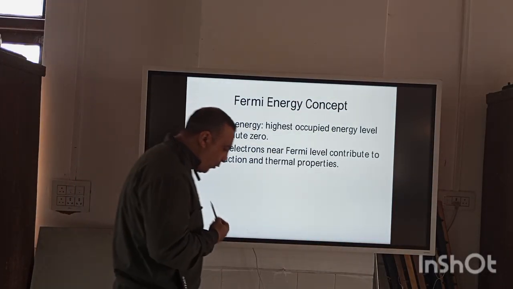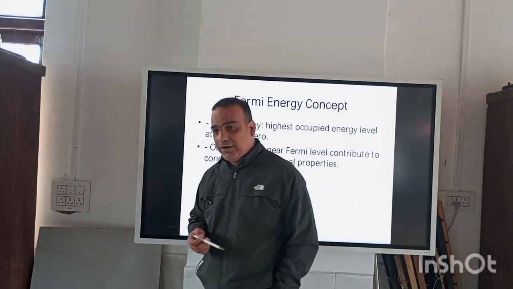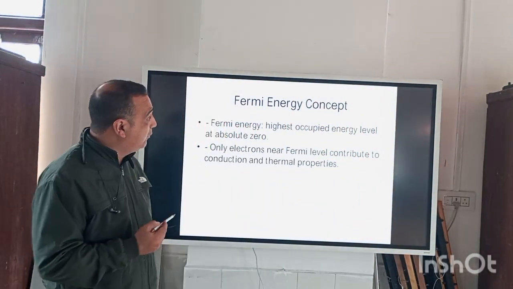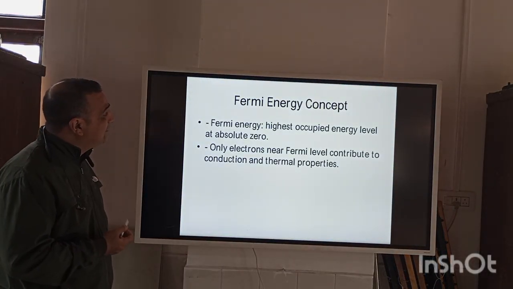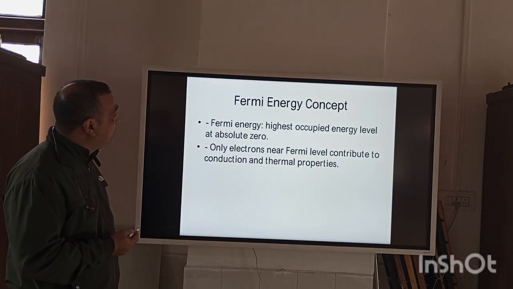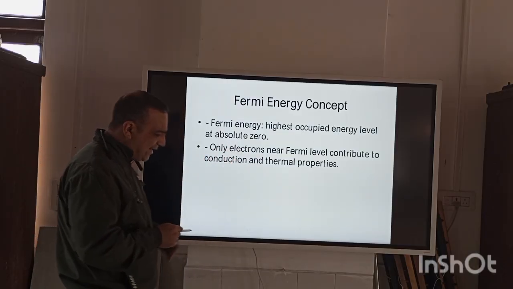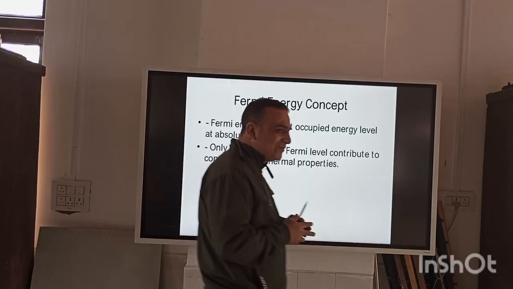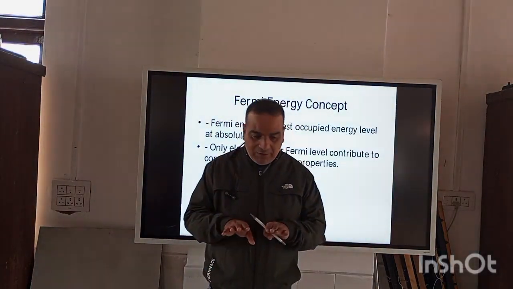There are two important definitions that we will encounter when talking about the quantum theory of these metals using the Sommerfeld model. The first is Fermi energy, and before Fermi energy we have something called the Fermi level.